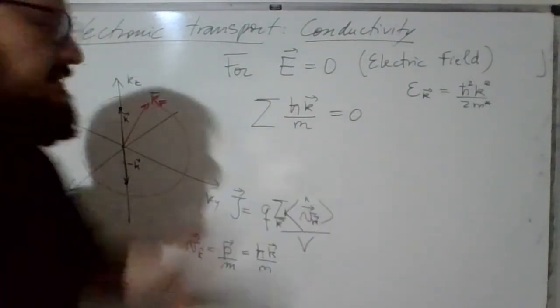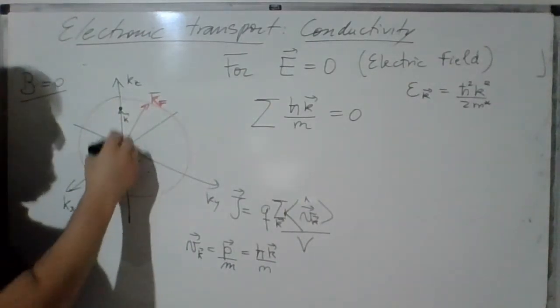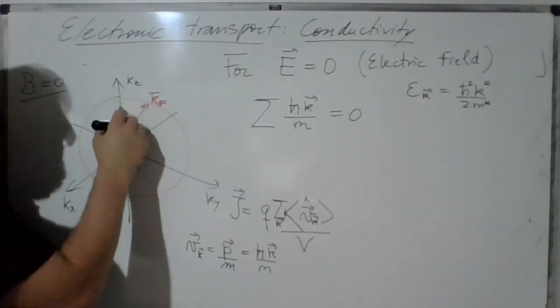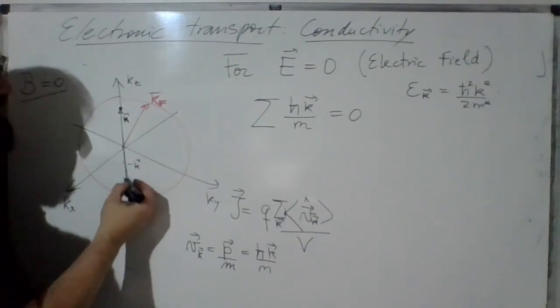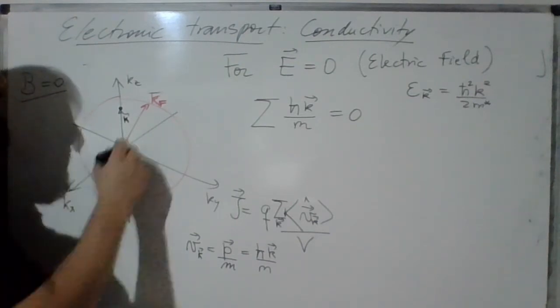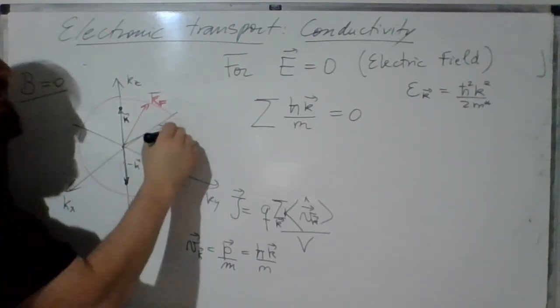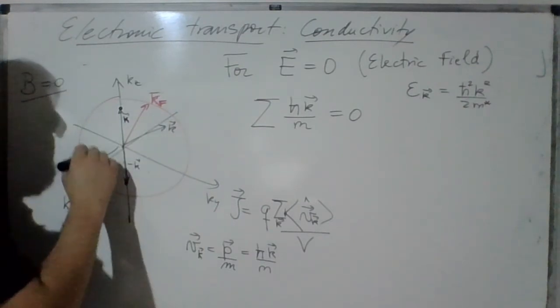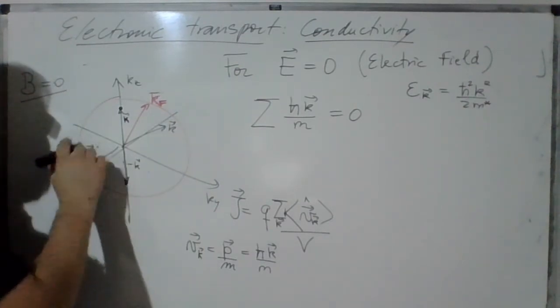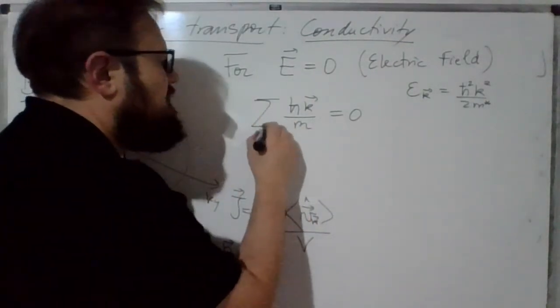Why is that? Just because for a given k pointing upwards, there is a k pointing downwards. And for any k, there is a minus k inside the Fermi sphere. So there is a total cancellation of the wave vectors.